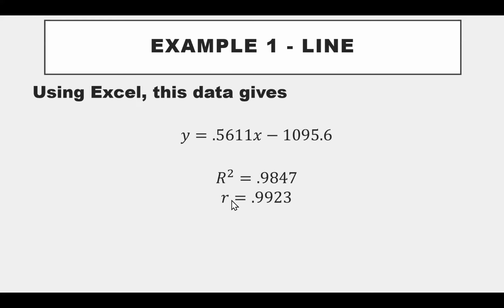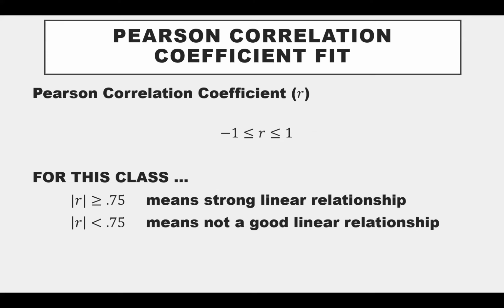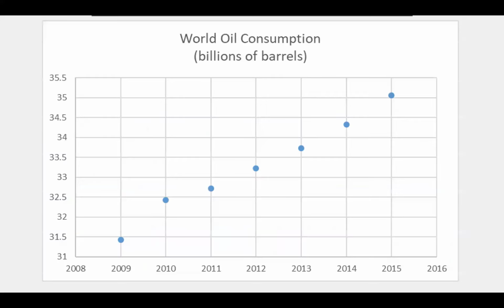R squared is just the squared version of R. So our R was 0.9923, and I got that using Excel. That was the R from this data set.